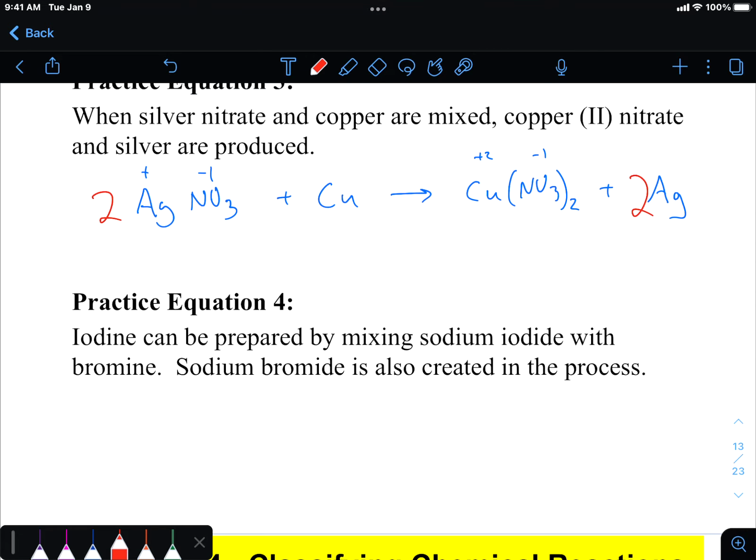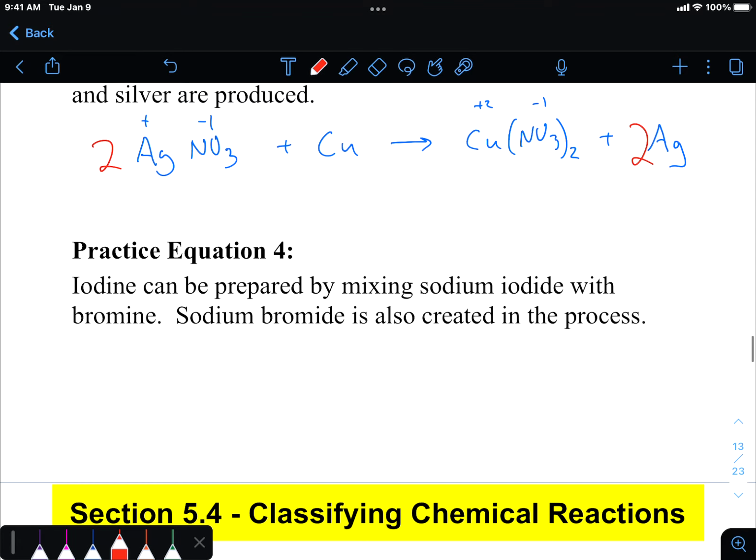So again, there's not much here that's brand new that we're doing. We're just assembling little tasks that we already know how to do and putting them together into one problem. So try number 4 on your own.